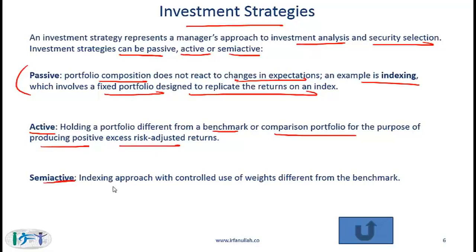For example, you might have an indexing approach and then controlled use of weights different from the benchmark. So you can say that if a given stock has a certain weightage or a given industry has a certain weightage in the benchmark, then you are allowed to go 20% on each side of those weights. Your exposure cannot be too different from the benchmark. That's why this is a hybrid or an in-between strategy.